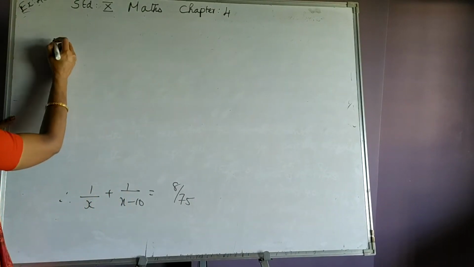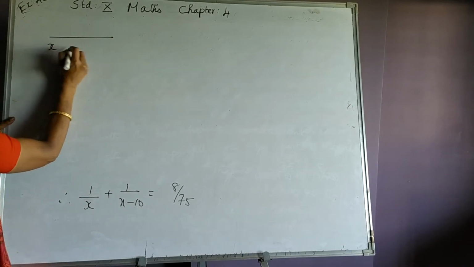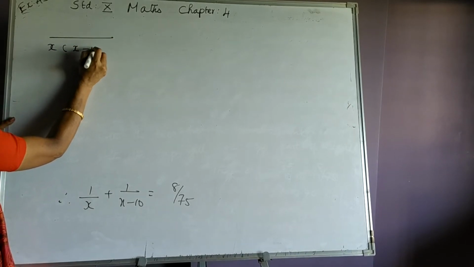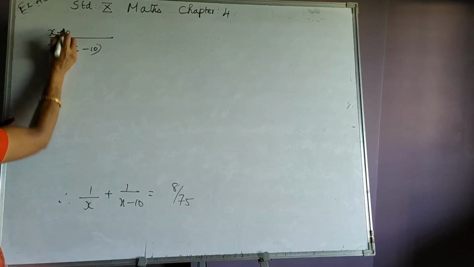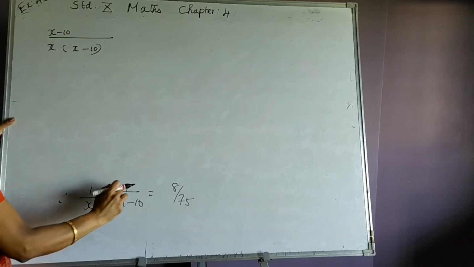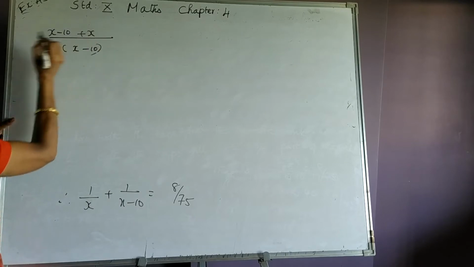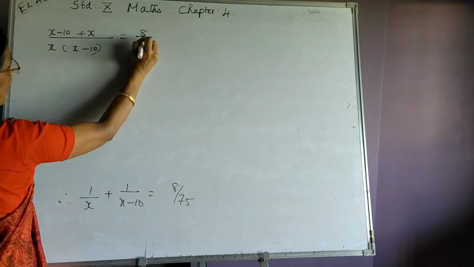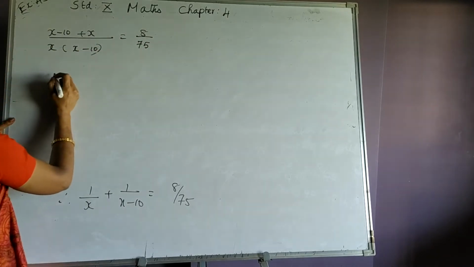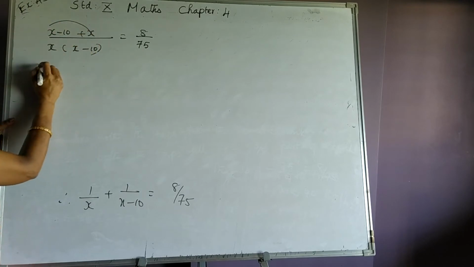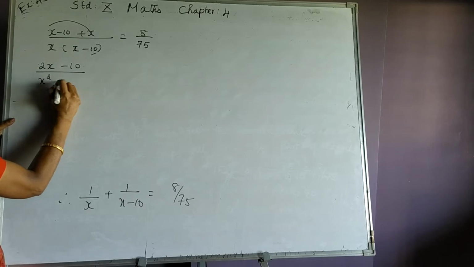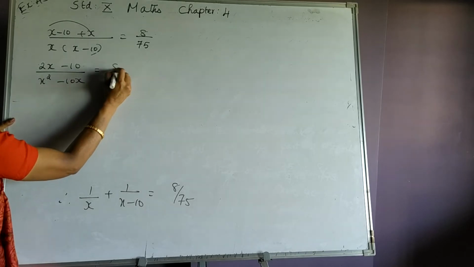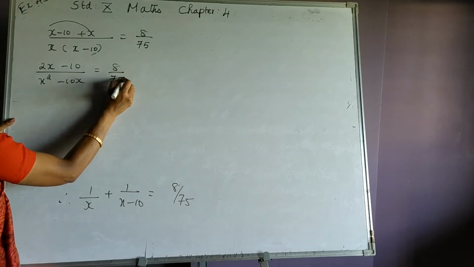We find the LCM. LCM is x into x minus 10. We get x minus 10 in the first numerator. In the second numerator, x, which is equal to 8 upon 3. x plus x is 2x minus 10 upon x square minus 10x is equal to 8 upon 3.